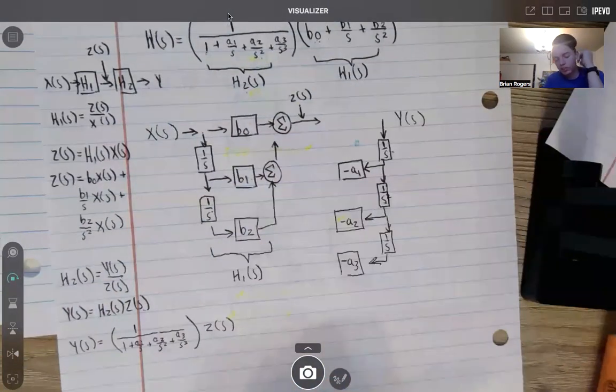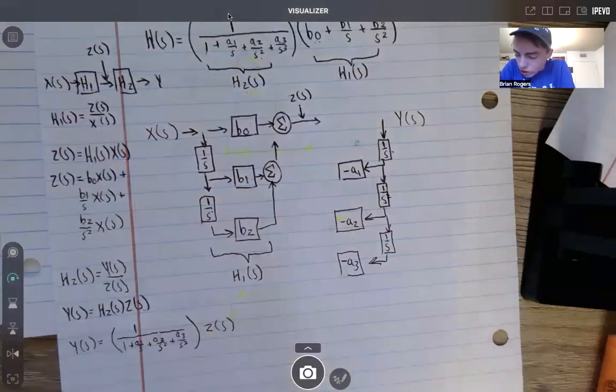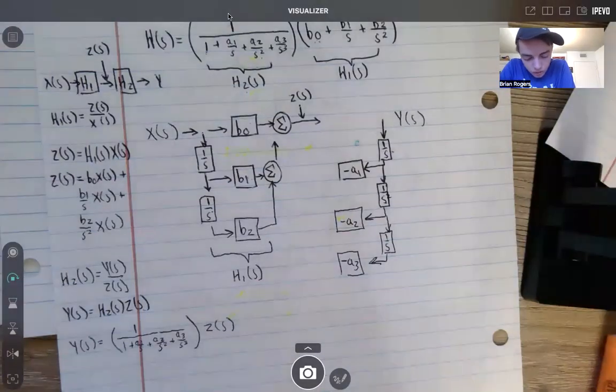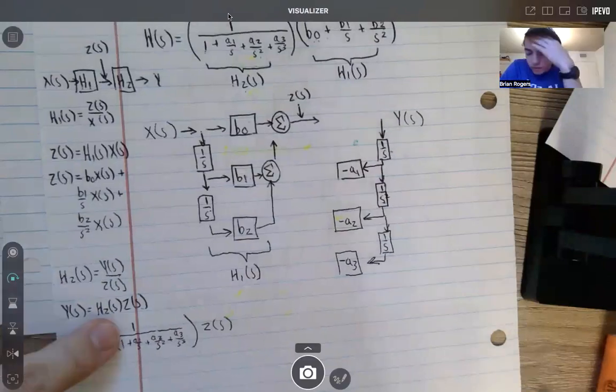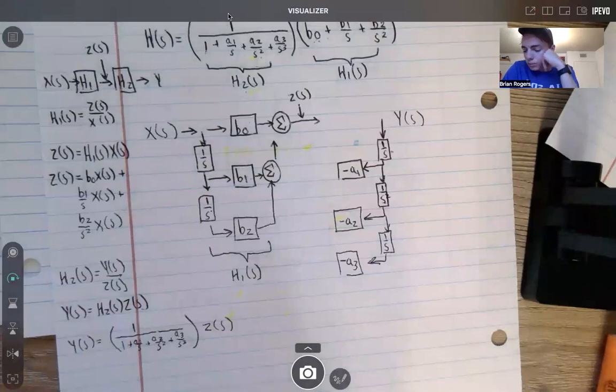How can we produce this in a format that would be acceptable so that we can make sure this would look good? Right now, we can't just write Z of S all over this specifically.